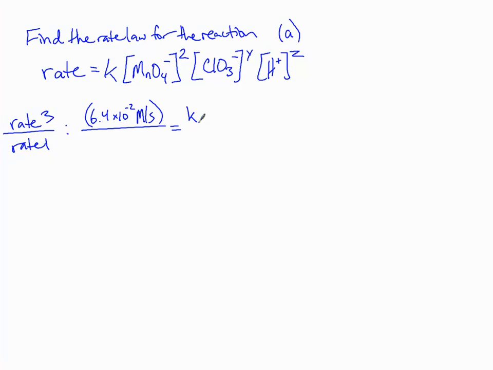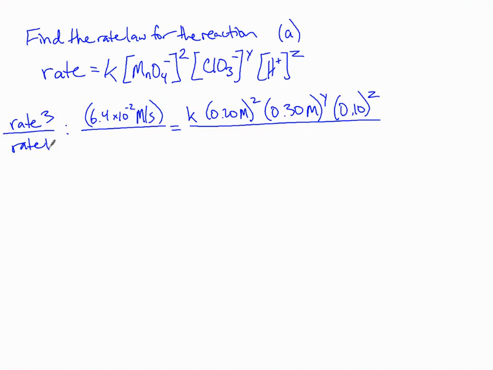The concentration of the permanganate is 0.20 molar to the second power. Our chlorate is 0.3 molar, to the Y, and our H plus is 0.10, to the Z. So that's rate 3.